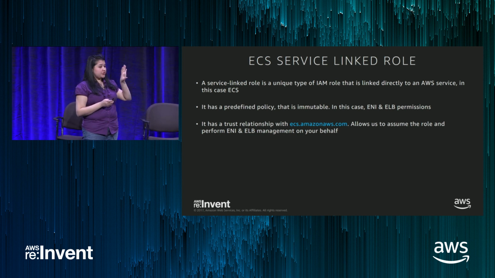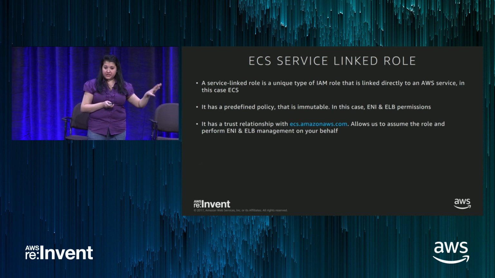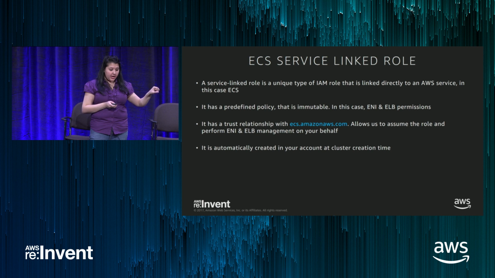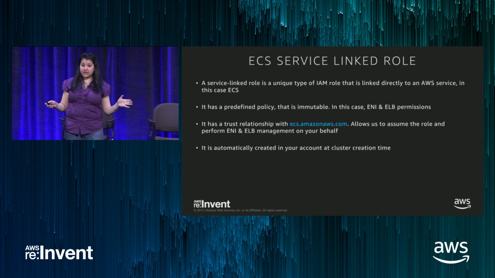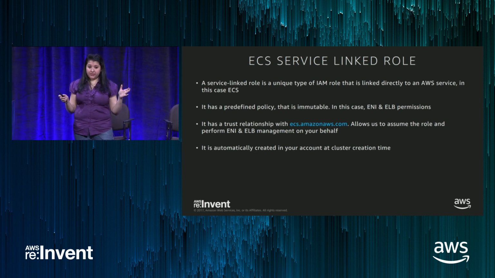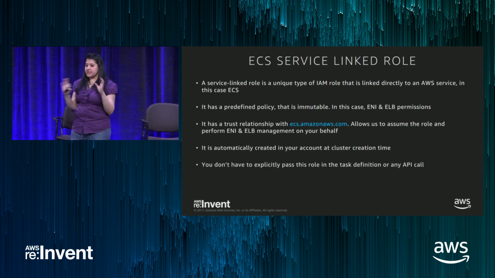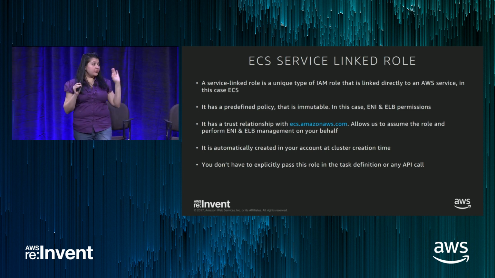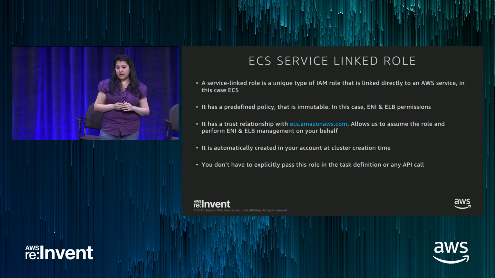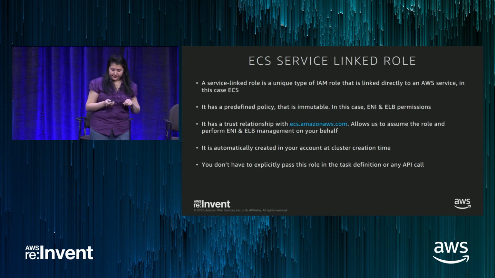I'm just going through it so you're aware. The policy is immutable. It already has a trust relationship with ECS, so we can assume the role. And it's automatically created in your account when you create a cluster. So if you don't already have one of these, it will get automatically created when you create a cluster. So really, you don't explicitly interact with this role. The only thing is you may see it in the IAM console, and if you do stumble upon it, you know what it's used for.